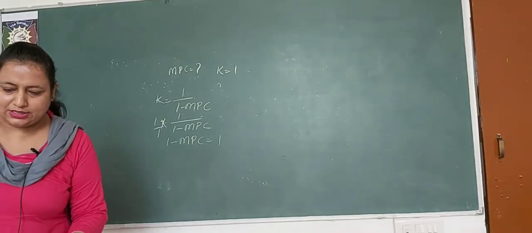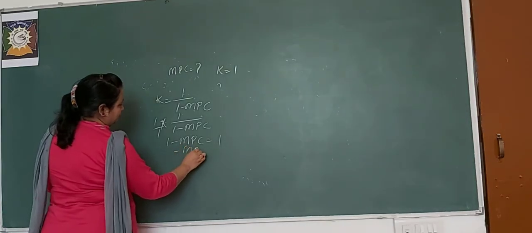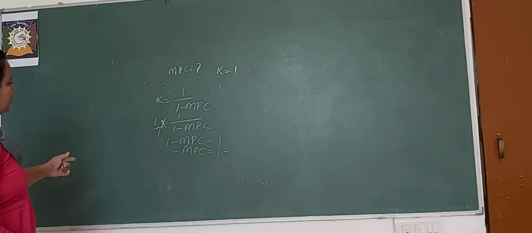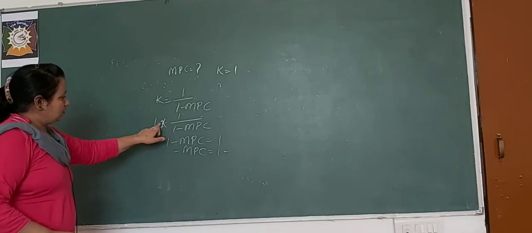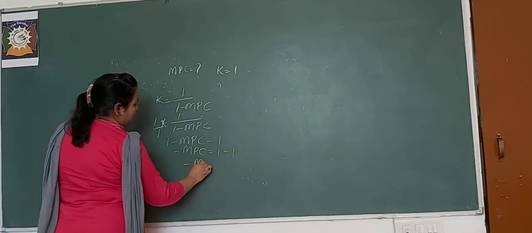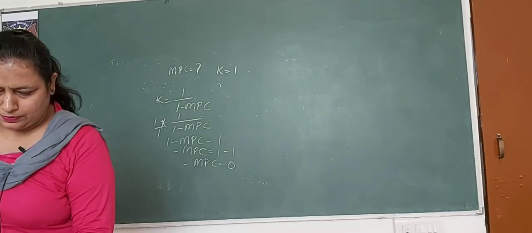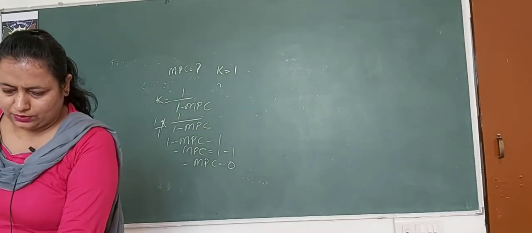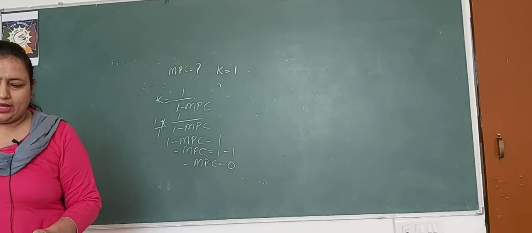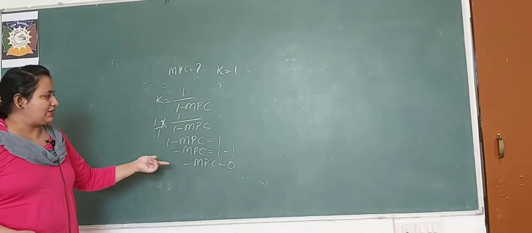So the value of MPC you will get is equal to 0. So it means when K is equal to 1, the value of MPC will come out to be 0.